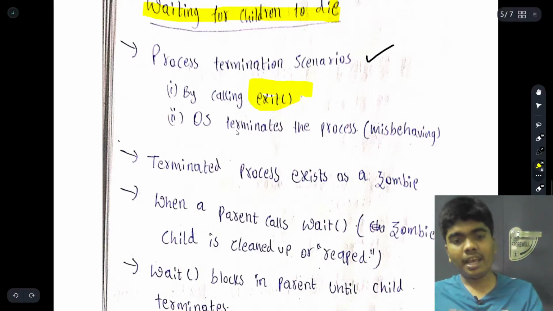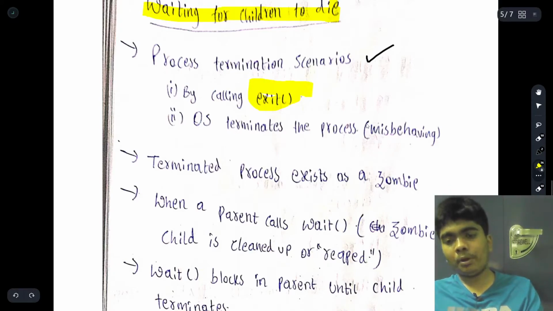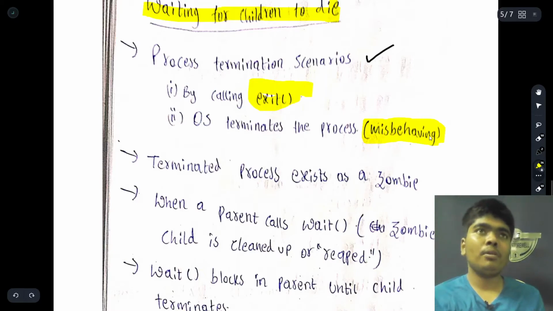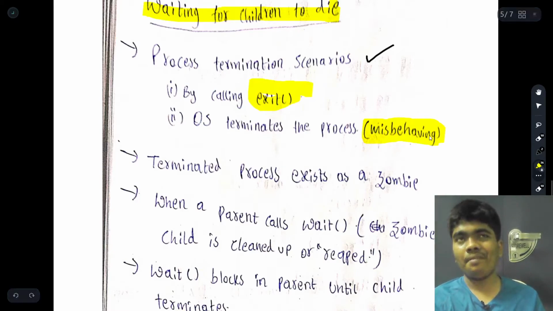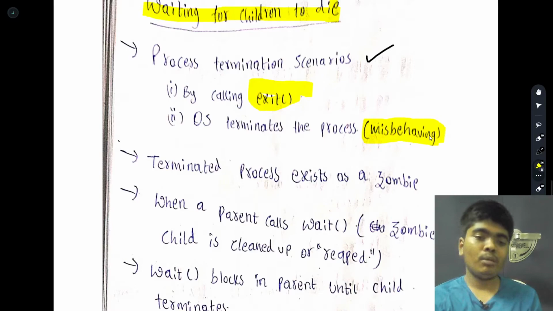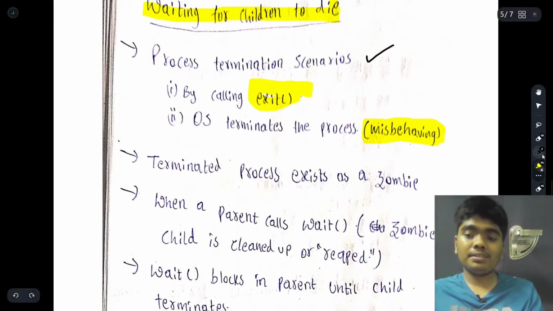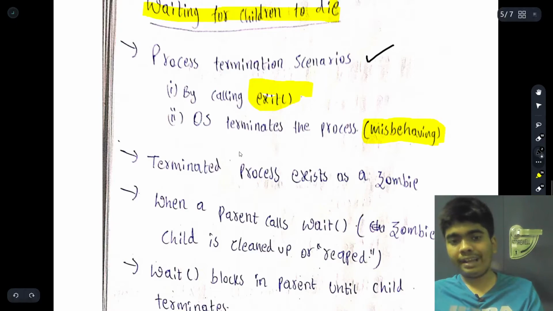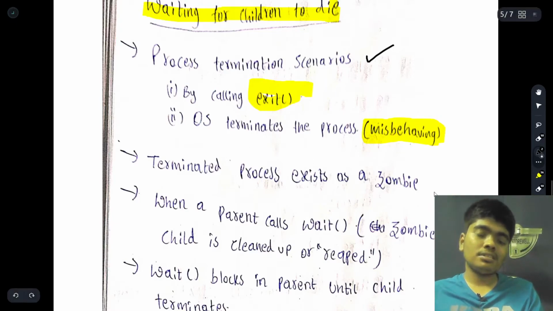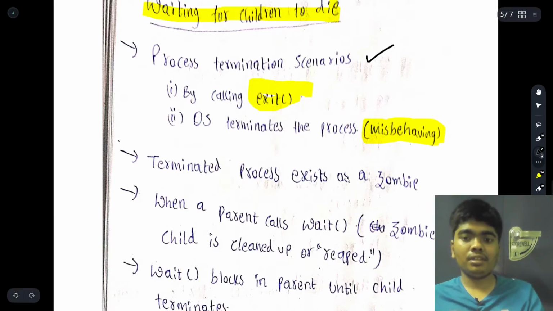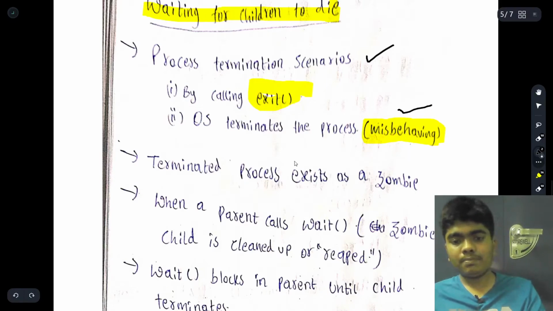The second scenario is the OS terminates the process if it is misbehaving, in the sense that it provides errors or has interrupts or whatever it may be, something which is not natural. So if a process behaves in an unnatural way, that is misbehaving.